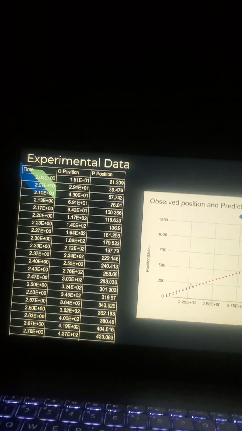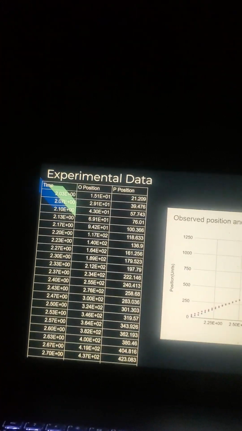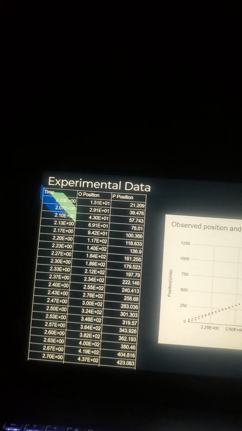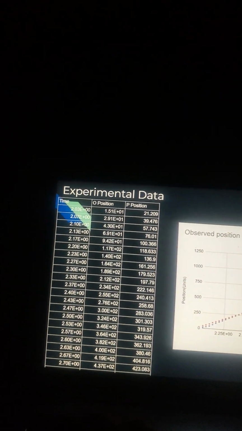And this is the experimental data that was taken after I first tracked the tech deck with the tracker, and then from there I uploaded it, calculated it, and then posted.